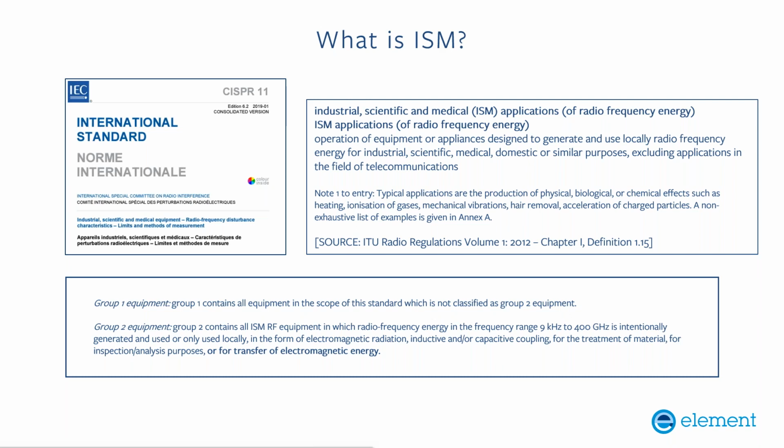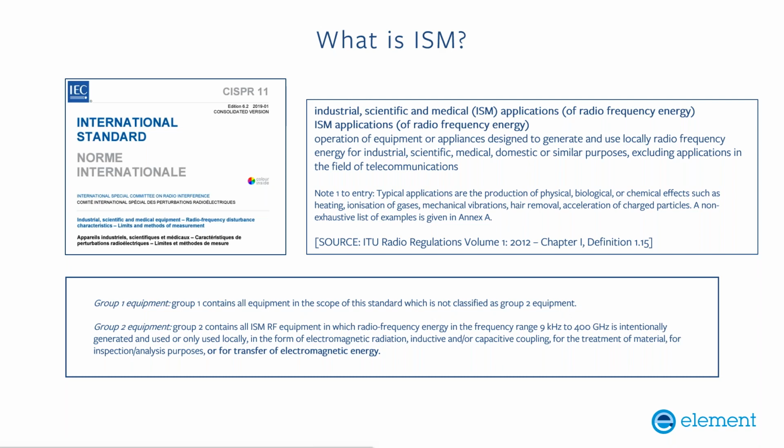In Europe, EN 55011 is the European equivalent of CISPR 11. In Korea, KN 11 is the Korean equivalent of CISPR 11. So all standards that relate to ISM typically point back to the CISPR standards and specifically to CISPR 11.